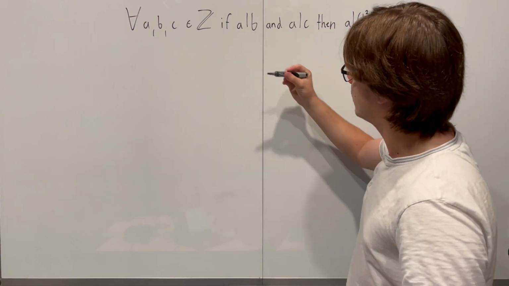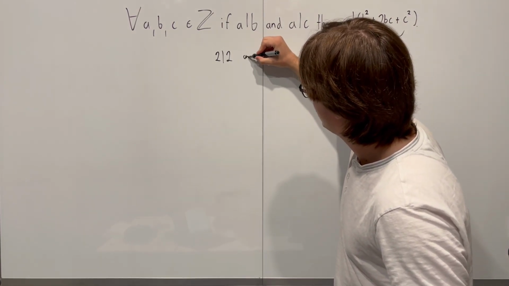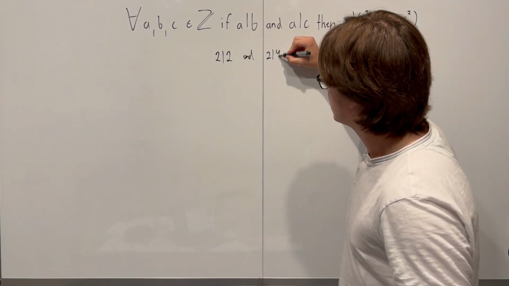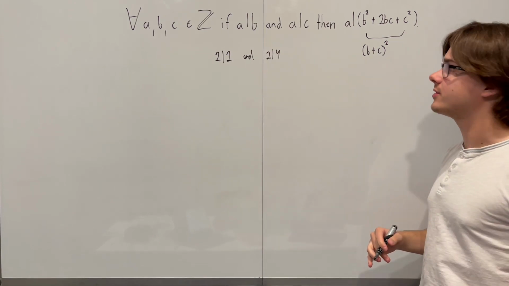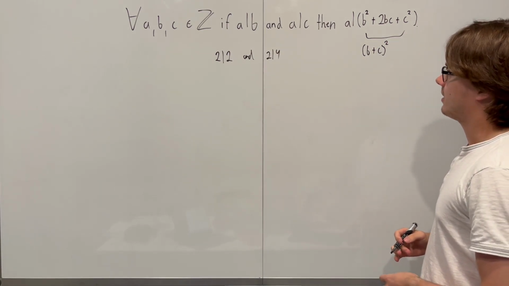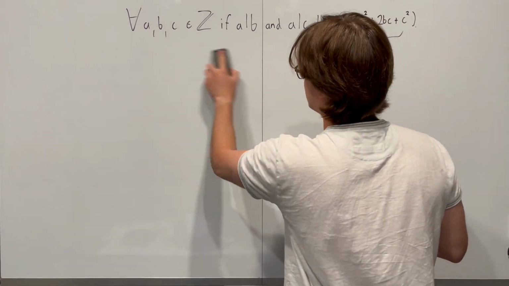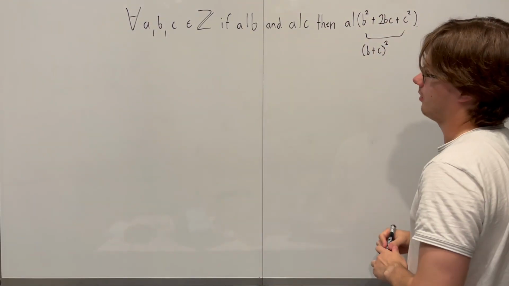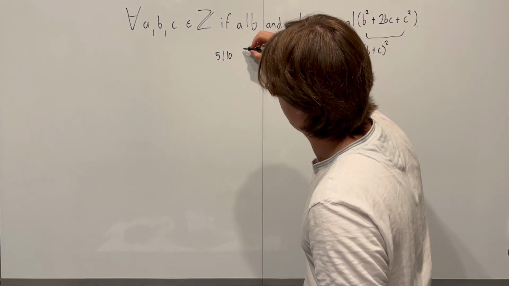So let's take the easiest example: 2 divides 2 and 2 divides 4. I'm sticking with low numbers. I usually go with 4, 6, or 5 and 10, but the lower the numbers, I think the easier this is going to get. Or actually, no, let's choose 5 and 10. I think for this example, larger numbers shouldn't be that much more difficult to compute.